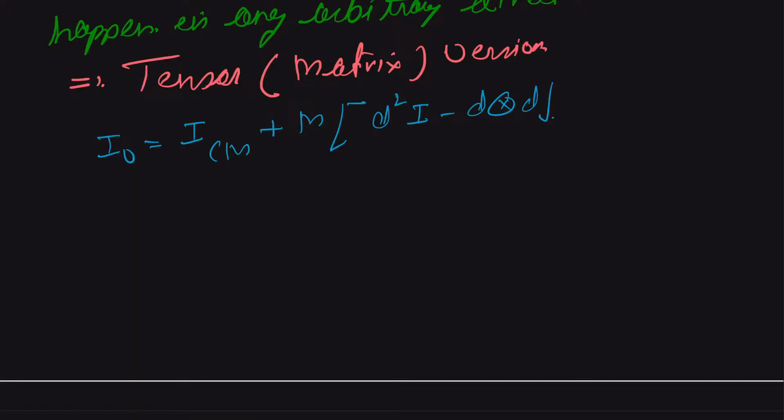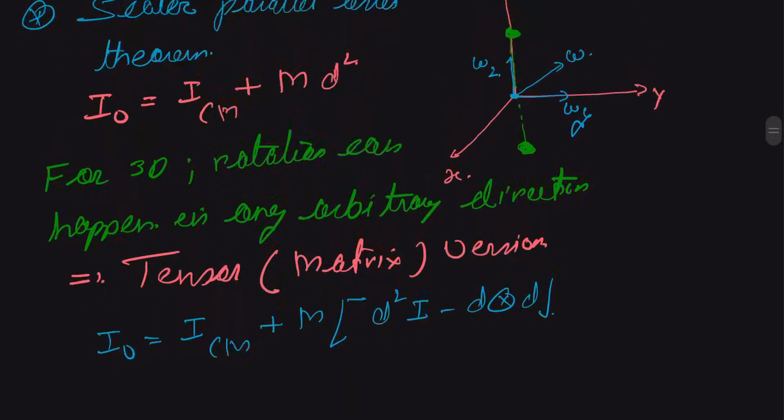Like we said, the total length is given as 2L, and here one end is plus L and the other end is minus L. This is our origin.